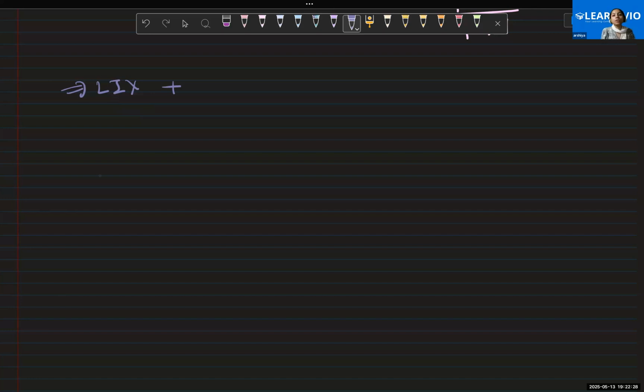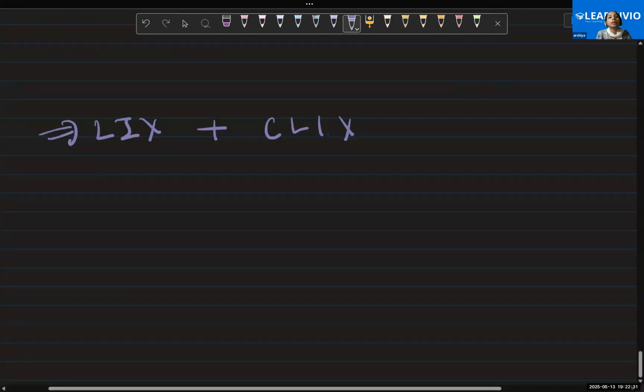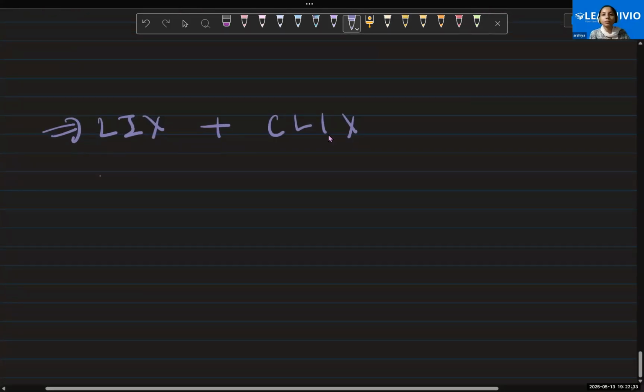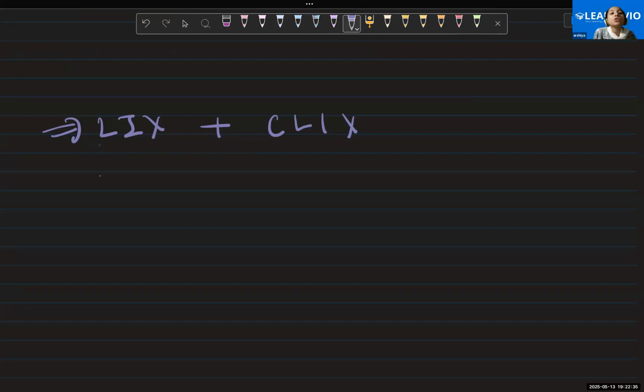Should I continue? Yes. Okay. So first, we don't know how to add Roman numbers, right? You won't know how to add LIX and CLIX. But we do know how to add the normal numbers that we already know. So I'll convert LIX into the numbers we usually deal with.